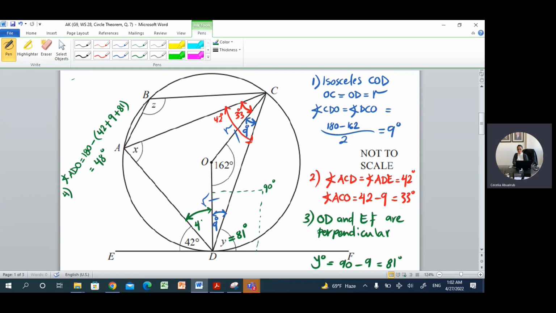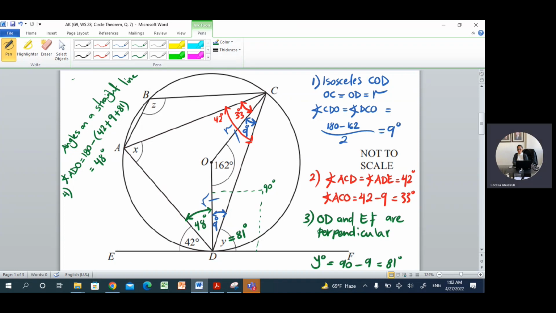So this angle here is 48 degrees. And the reason is angles on a straight line.